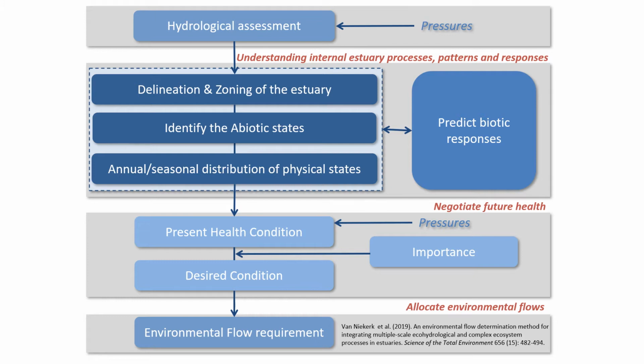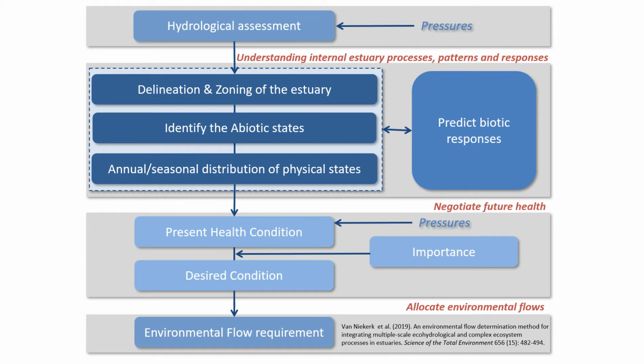Once you understand how the flows have changed, by that I mean the base flows, the floods, intermediate flow signals, we then take it through understanding the abiotic processes and patterns and how they respond to flow. So we're going to look at delineating the estuary and zoning it, identifying abiotic states, understanding the annual distribution and how that's changed, and then linking that to the biotic responses.